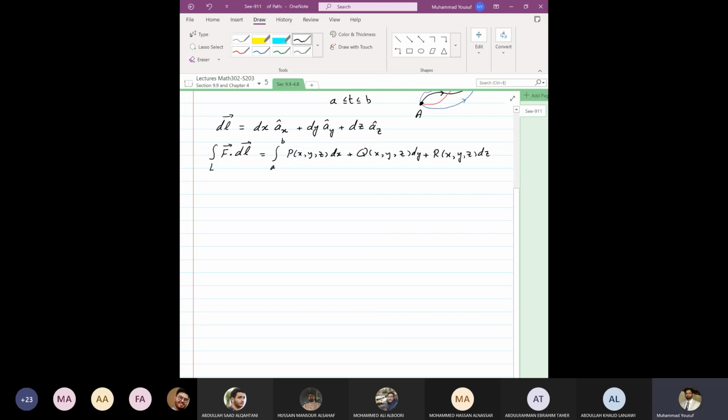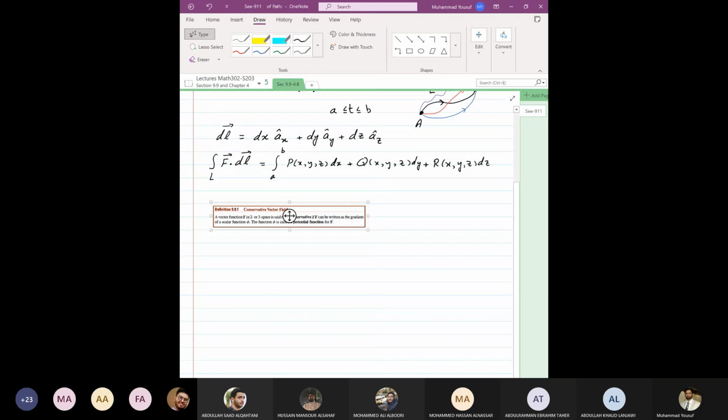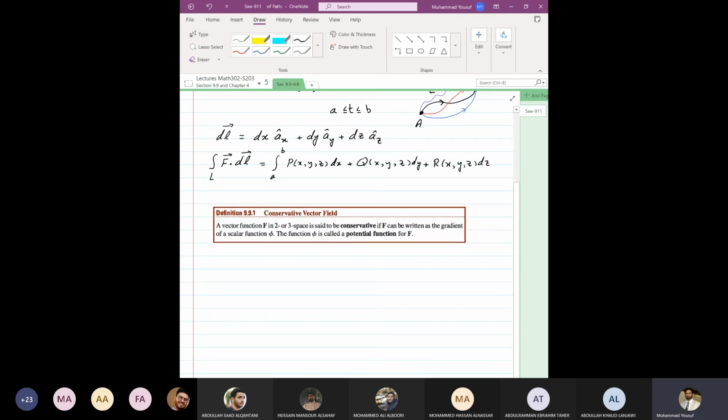So here is the theorem, or not a theorem. First is just a definition, the definition of a conservative field.